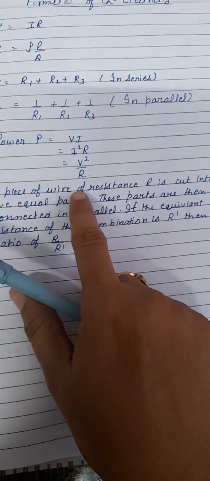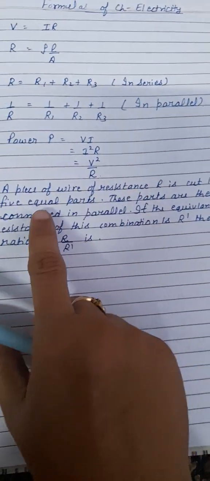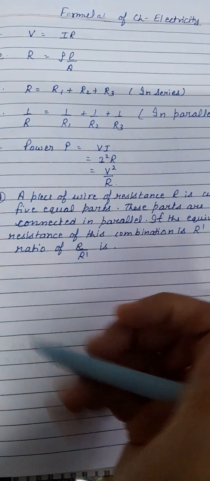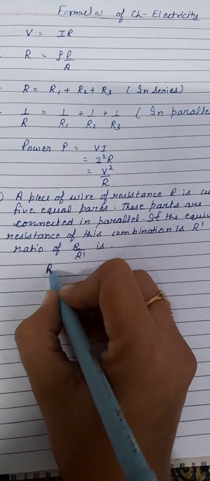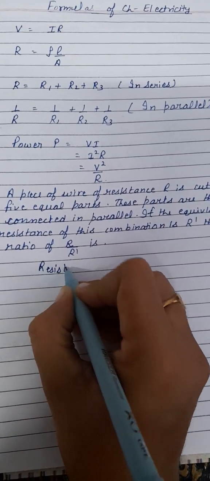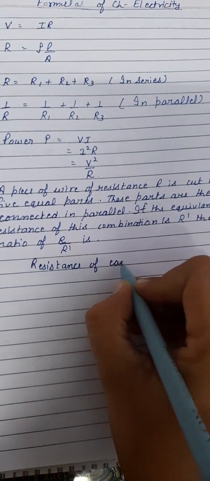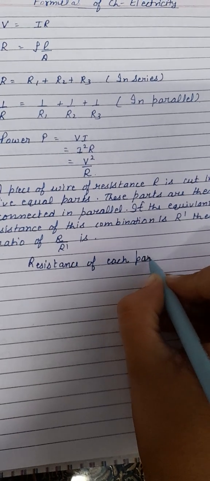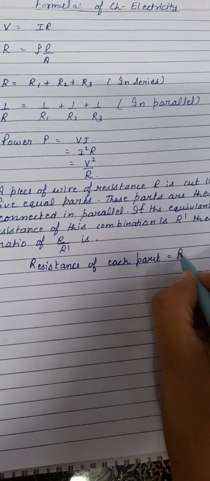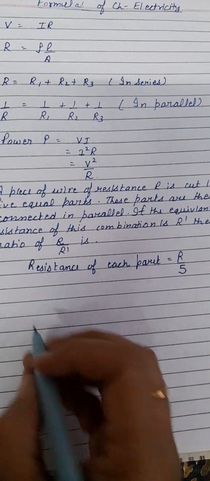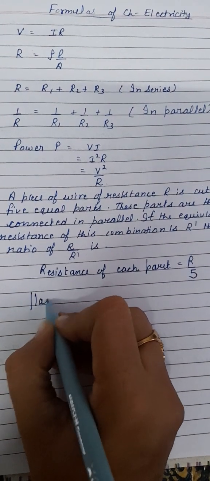First, there is one single wire. We have to cut it into 5 equal parts, means resistance of each part is equal to R over 5. Next, these are connected in parallel.